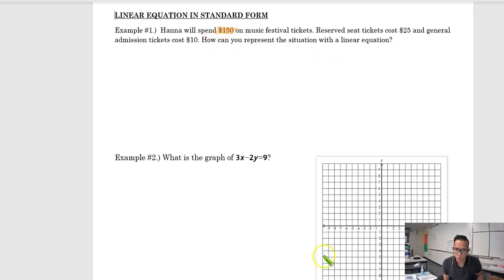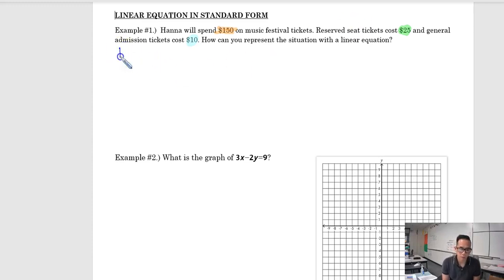And then we also have the reserved seat ticket is $25. So for every seat ticket, it costs $25. And our general admission ticket, it's $10. Okay, so we are going to represent this using linear equation in standard form.